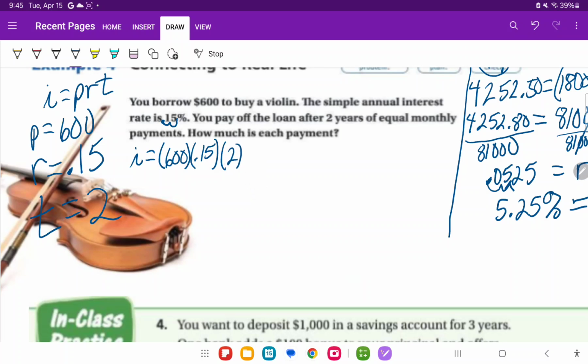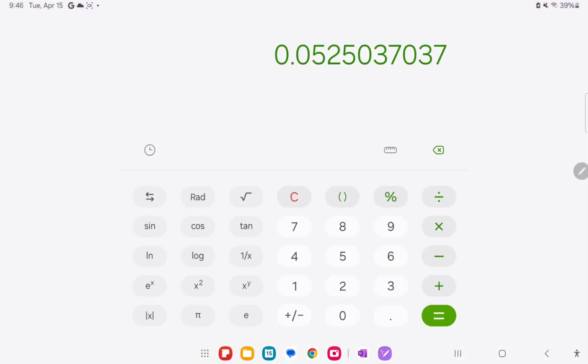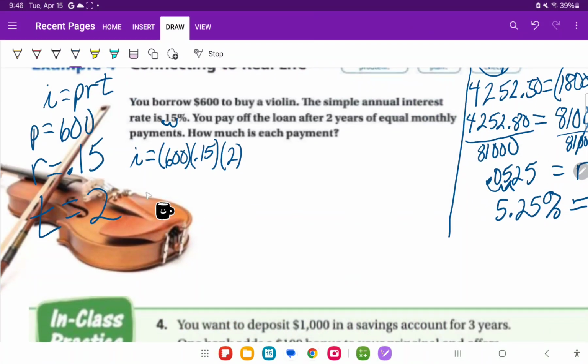Just very straightforward simple interest. 600 times 0.15 times 2. So that's $180. So the interest is $180.